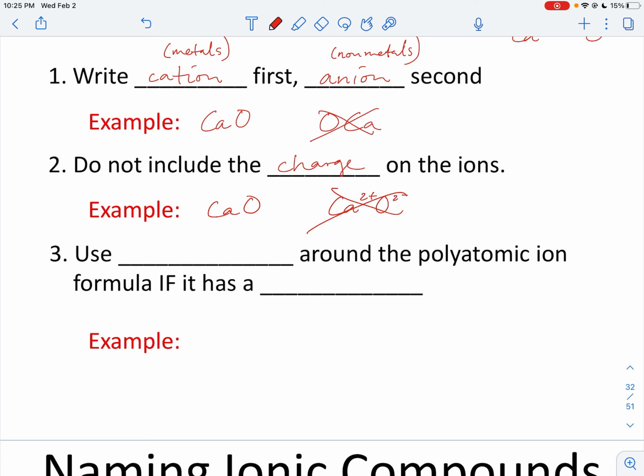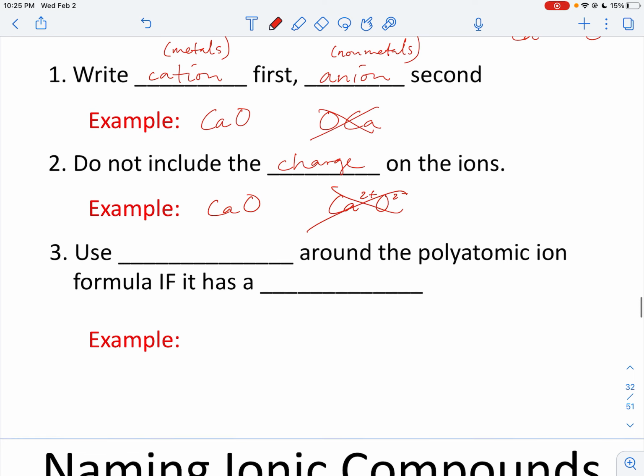Okay, rule number 3 is particularly about polyatomic ions, and it says use parentheses around the polyatomic ion formula if it has a subscript. What does that mean? Essentially it means this.